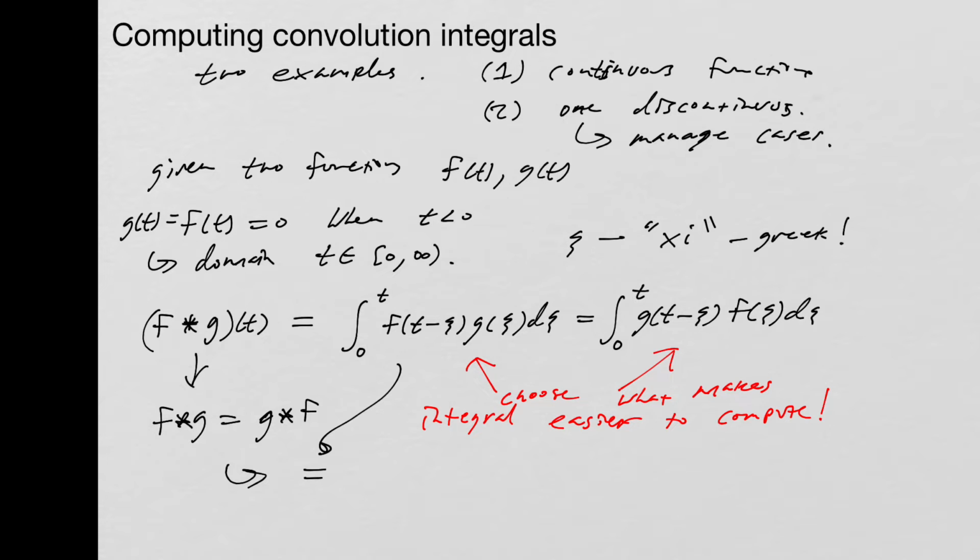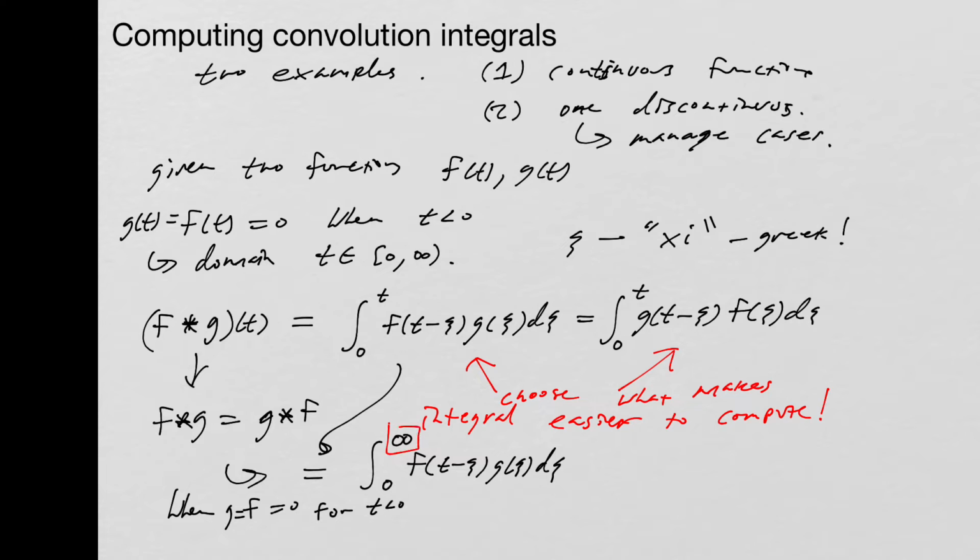Another thing I would mention is that there's another way of defining this same integral when f is equal to 0 and g is equal to 0 for t less than 0. We could also write it as the integral from 0 to infinity of f of t minus xi and g of xi d xi.